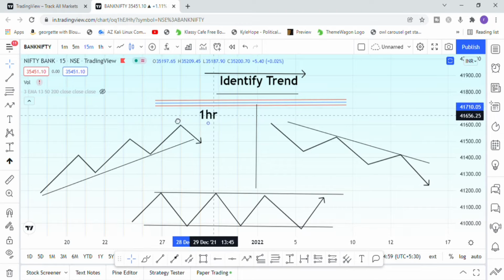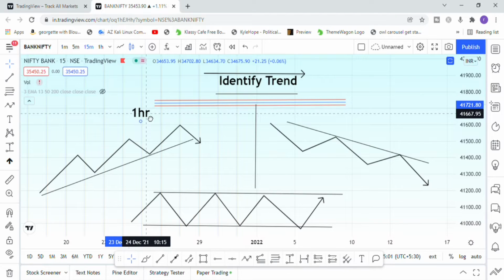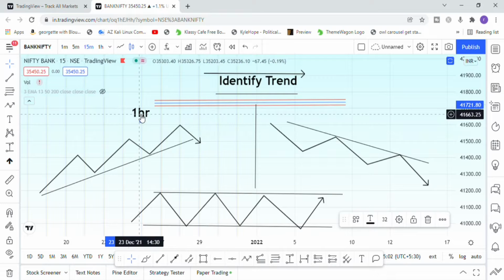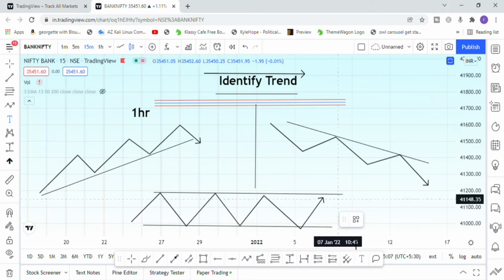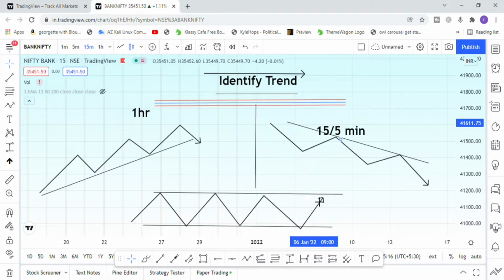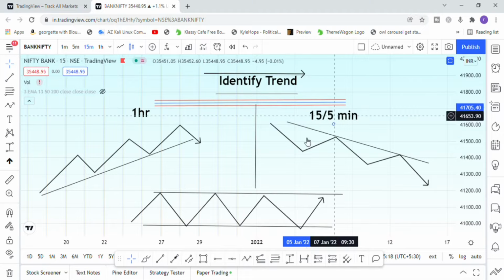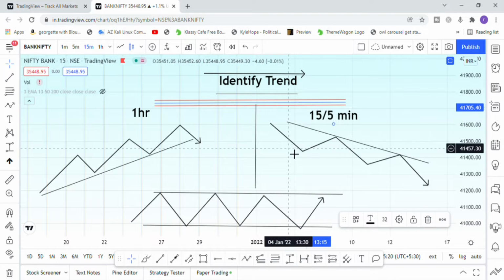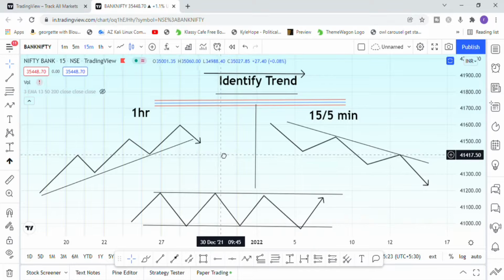The 1 hour time frame is the best for intraday purposes, not for swing or long term. From that we get positions on the 15 minute or 5 minute, that means on a lower time frame.